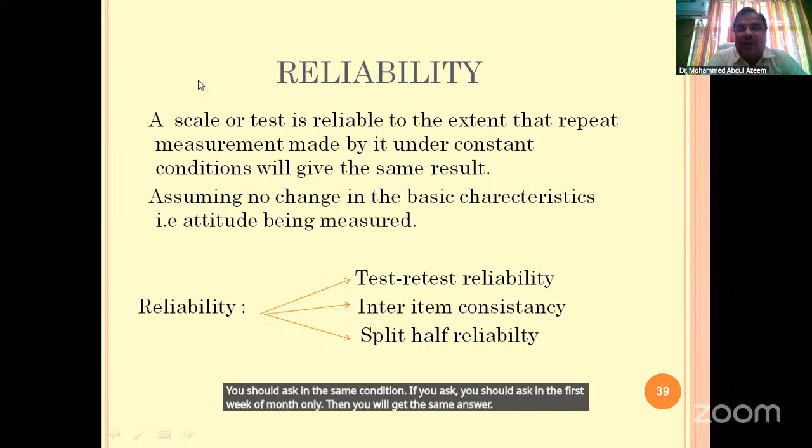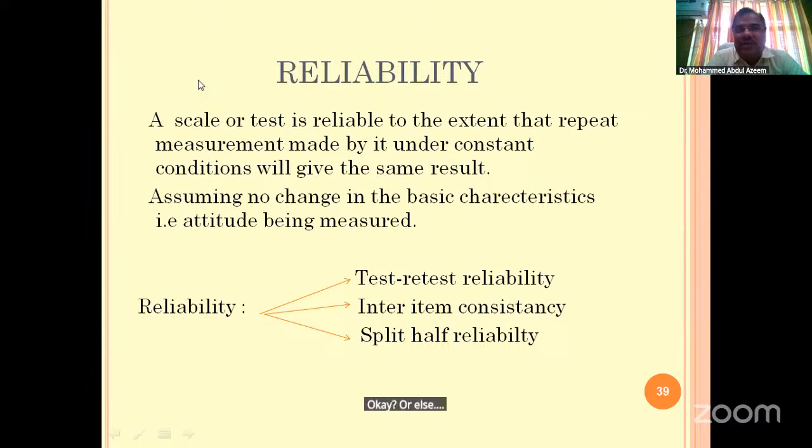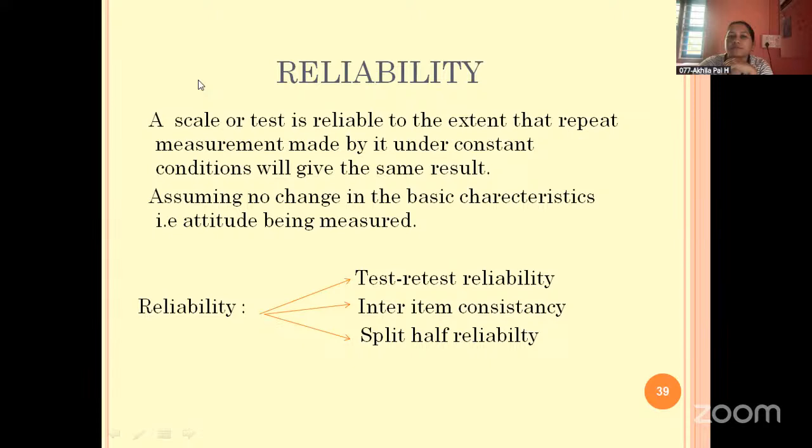Or else, a question is asked, how are you? Then answer is good. Again you ask, how are you? The answer is good. Again you ask, how are you? The answer is good. Same answer, repeatedly I am asking, then can you say, is it reliable? Yes, sir, it is reliable.